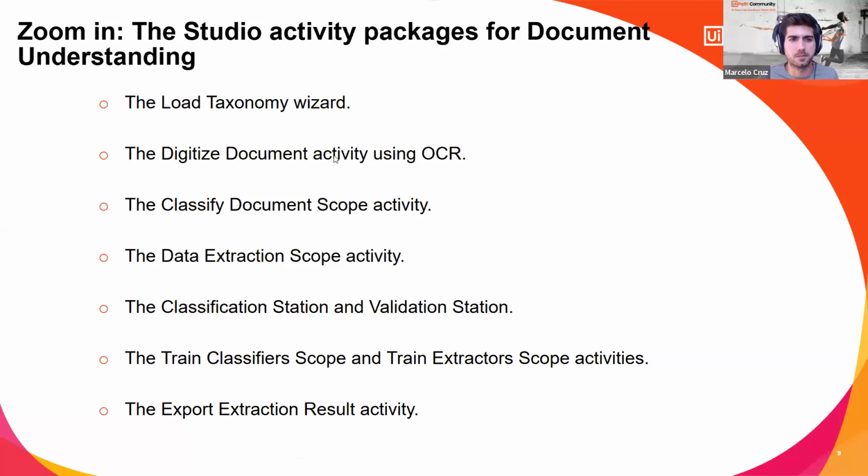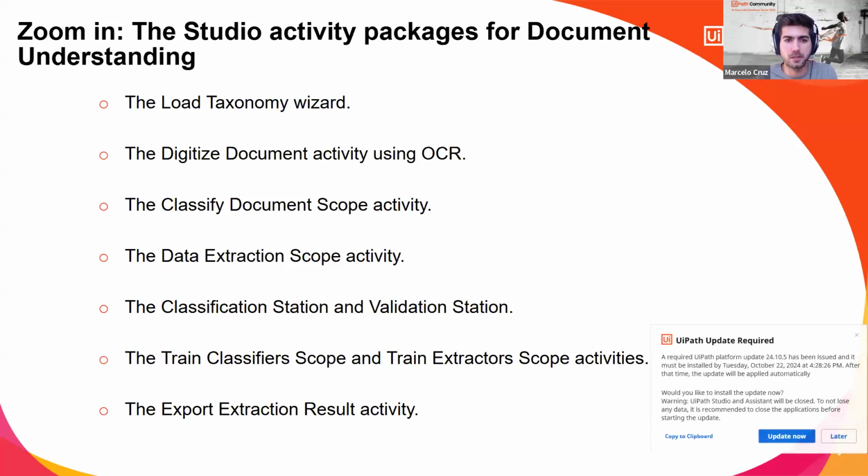Let me do a summarization. Basically, use Load Taxonomy to load the taxonomy where we had defined the document types, the Digitize Document activity to extract the text and technical information from each document, the Classify Document Scope to classify each document to its type, so to know if it's an invoice, a receipt, or another document type, and the Data Extraction Scope to extract the data from the document.